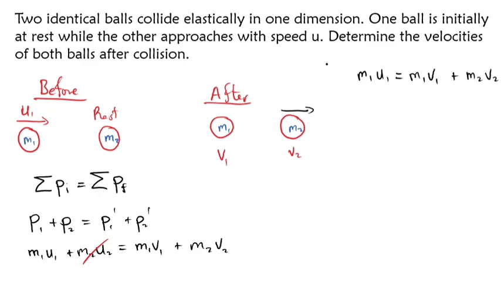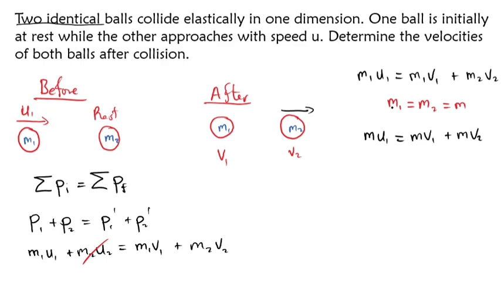Now remember, these balls are identical. So if they're identical, it means that the masses are exactly the same. So m1 is the same as m2. Let's just replace that with m, meaning that this will become m u1 equal to m v1 plus m v2.